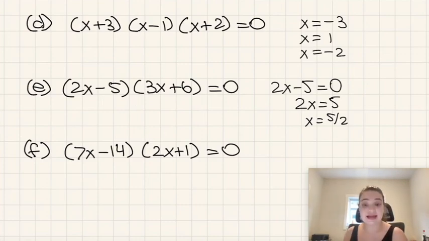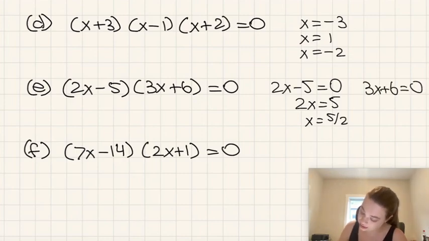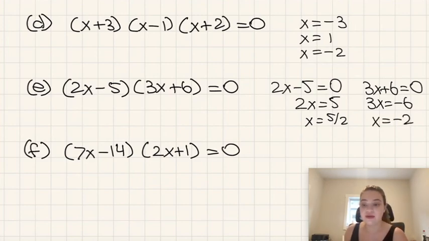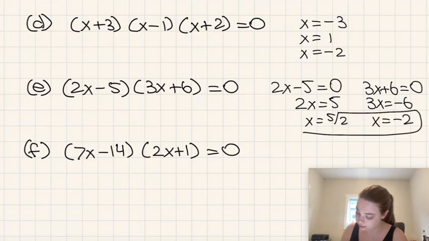If 3x plus 6 is equal to 0, then that makes the whole product 0 as well, right? So let's try that. 3x plus 6 is equal to 0. So that means 3x is equal to negative 6, which means that x is equal to negative 2. So therefore, these two numbers are the solutions.